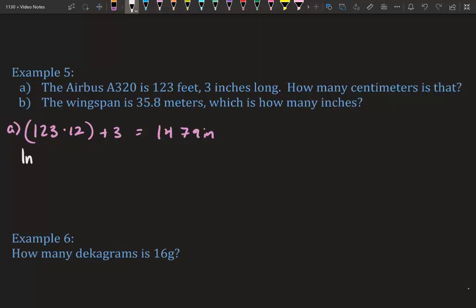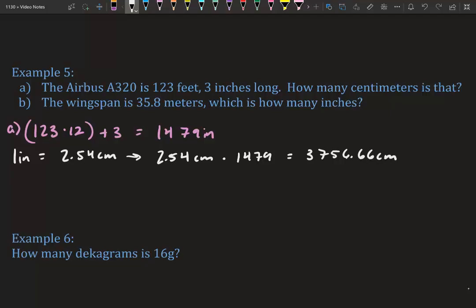So we know 1 inch is 2.54 centimeters. So if we have 2.54 centimeters and we have 1479 inches, centimeters are smaller, so we're going to multiply by 1479 and we get 3756.66 centimeters.